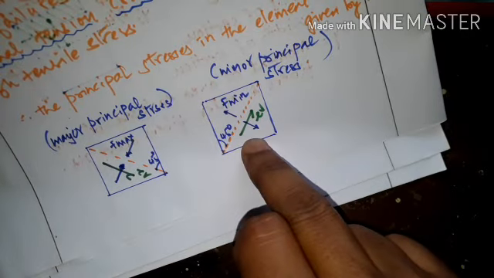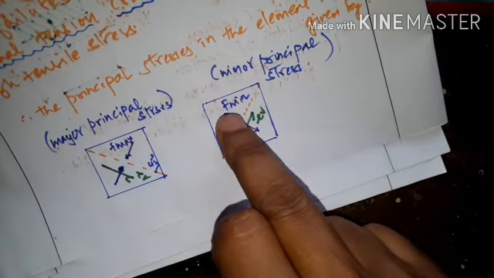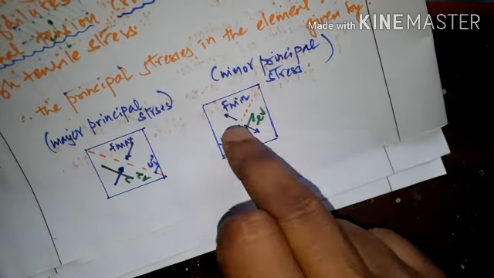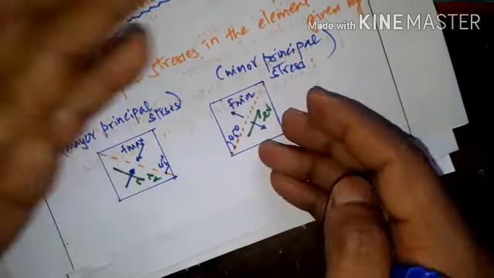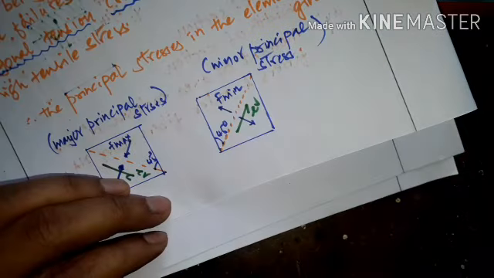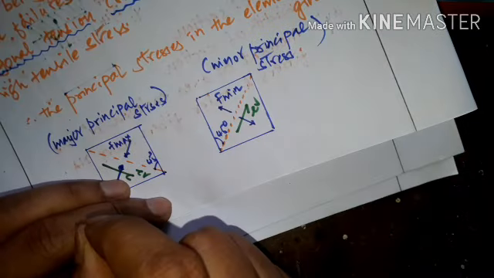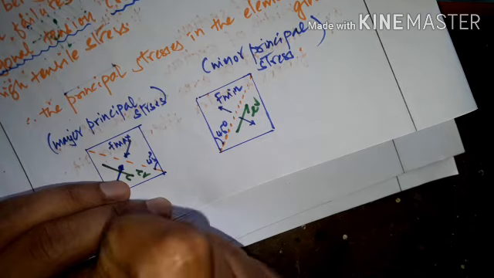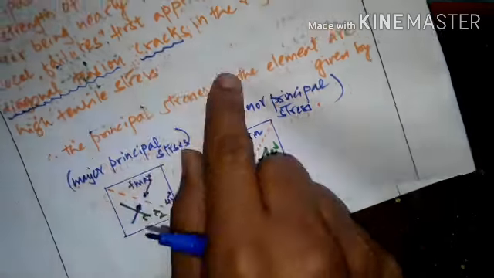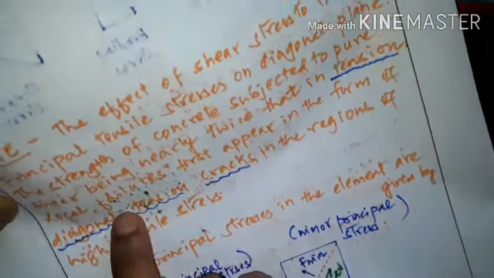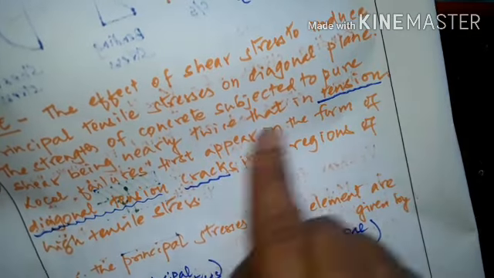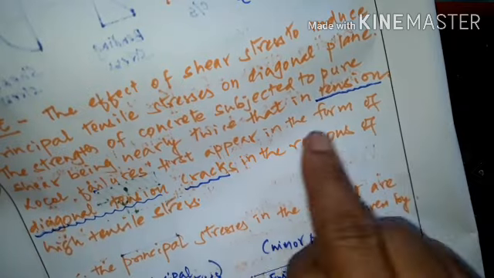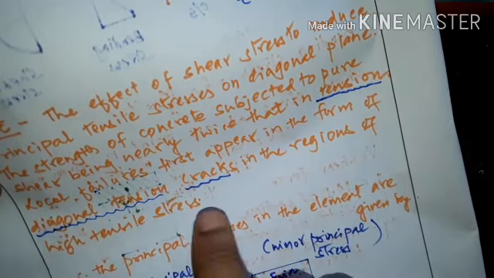Here we have to check for tension, because F minimum will develop tensile force in the material, and that force will try to separate the element by developing diagonal shear cracks or diagonal tensile cracks. Local failures first appear in the form of diagonal tension cracks in the region of high tensile stress.